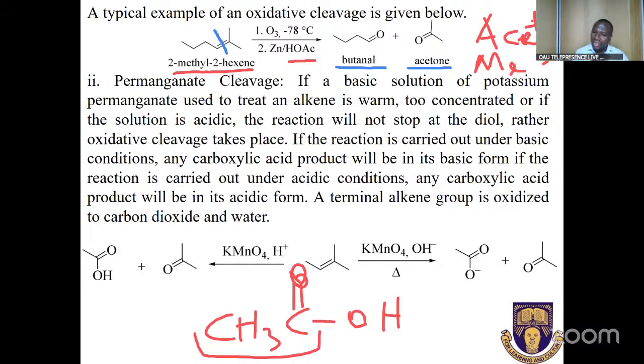When we were looking at that example, I tried to help you see the conditions under which we use permanganate, and what we are doing here is a slightly different set of conditions. So here, if a basic solution of potassium permanganate is used to treat an alkene, usually the solution is warm.